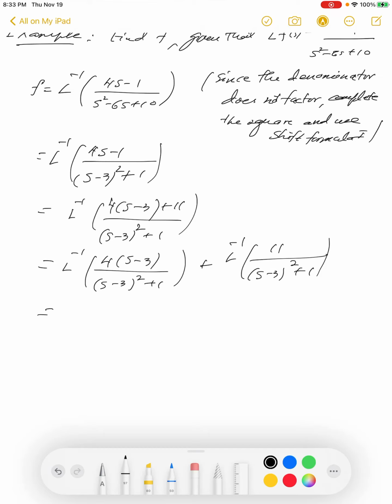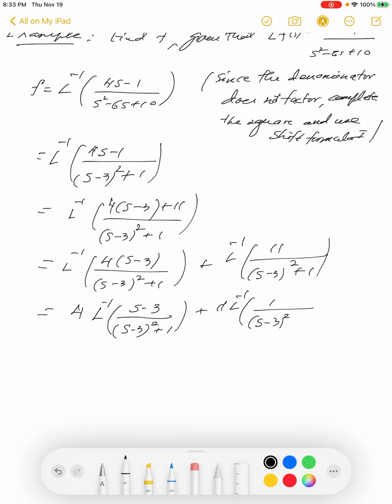And now the rest is easy. 4 comes out. If this s minus 3 is replaced by s, then it is the Laplace transform of cos t. But that's shifted by 3.